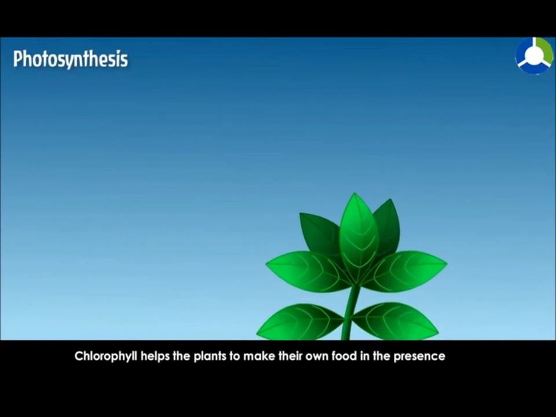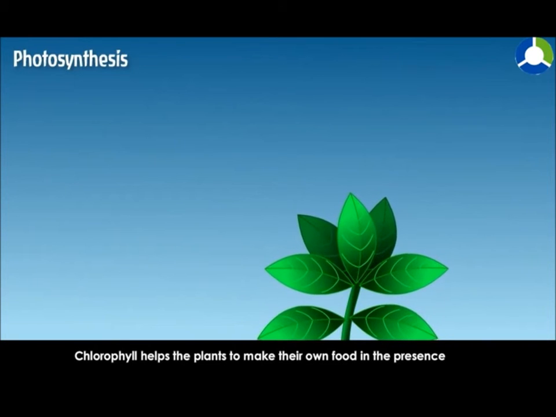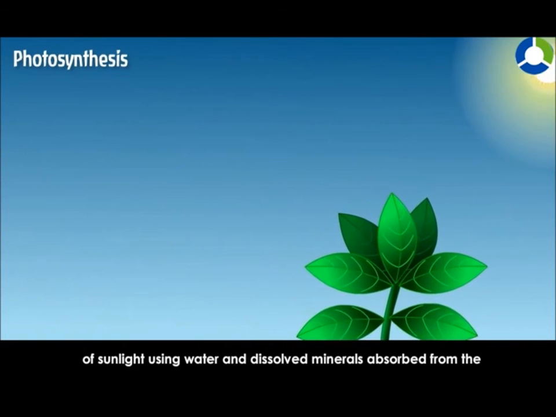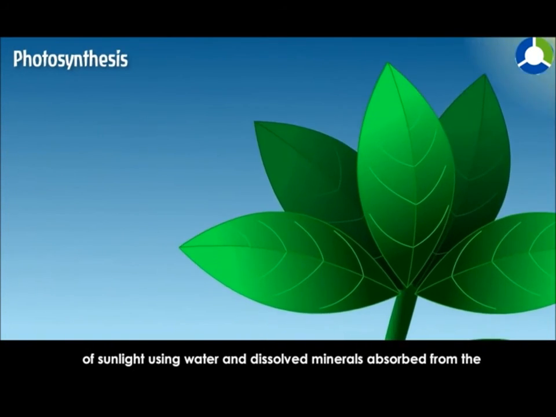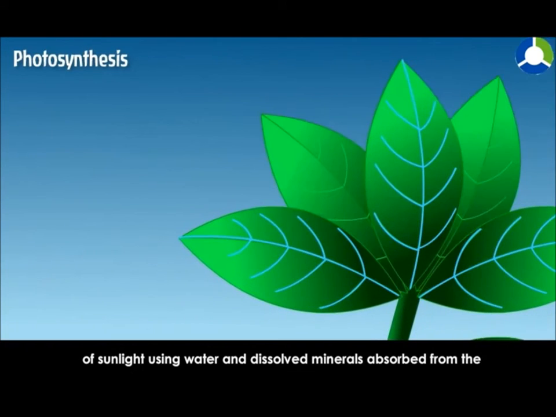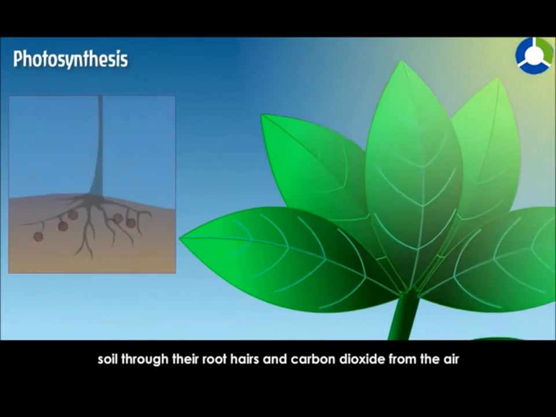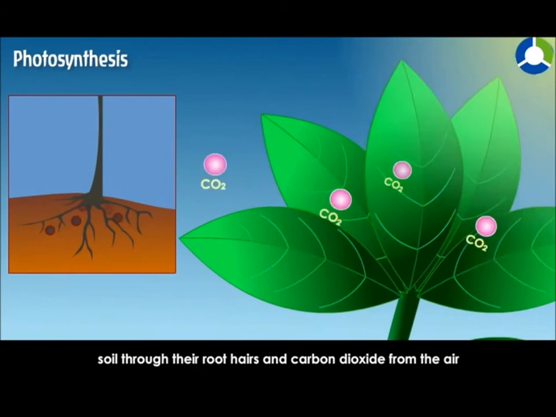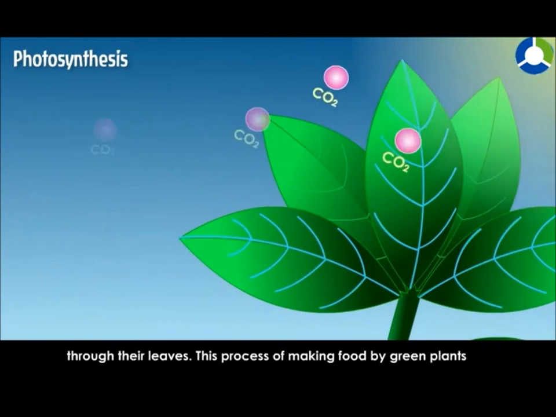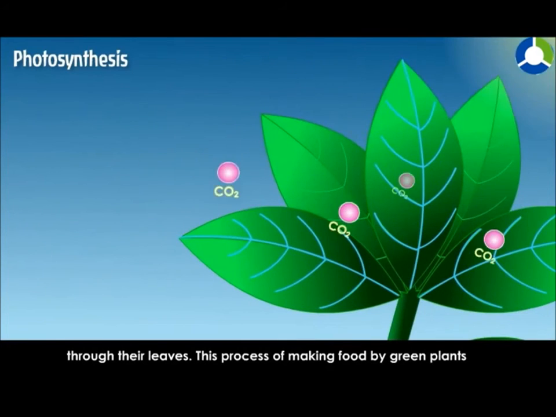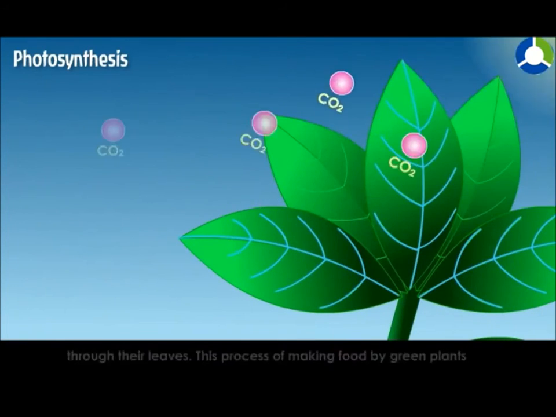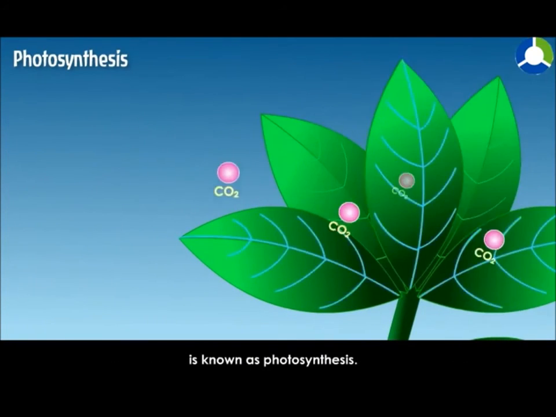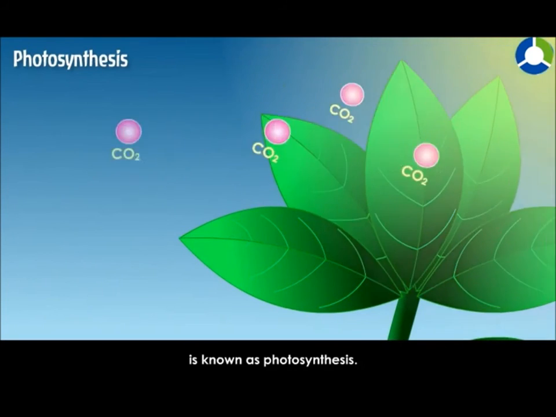Chlorophyll helps the plants to make their own food in the presence of sunlight using water and dissolved minerals absorbed from the soil through their root hairs and carbon dioxide from the air through their leaves. This process of making food by green plants is known as photosynthesis.